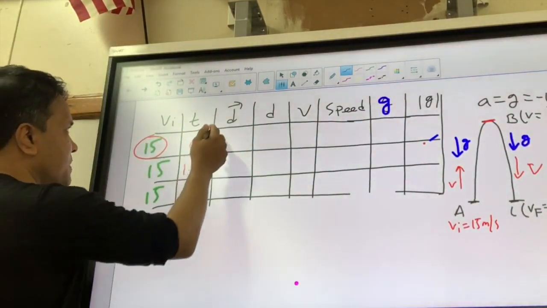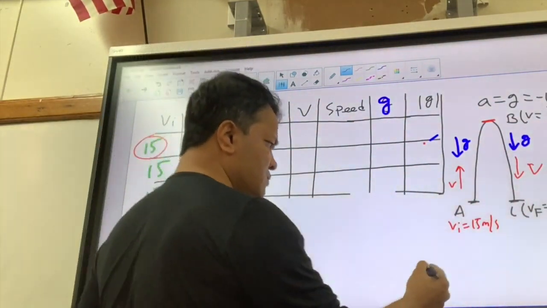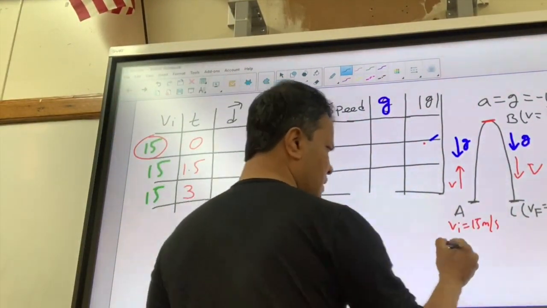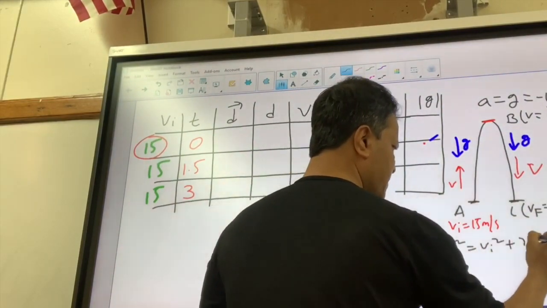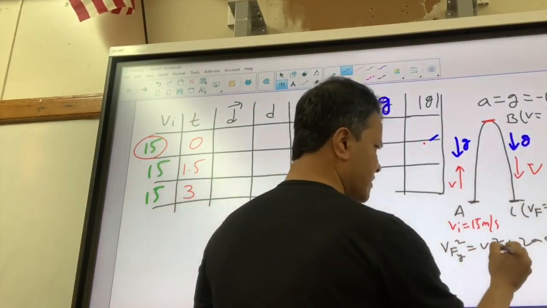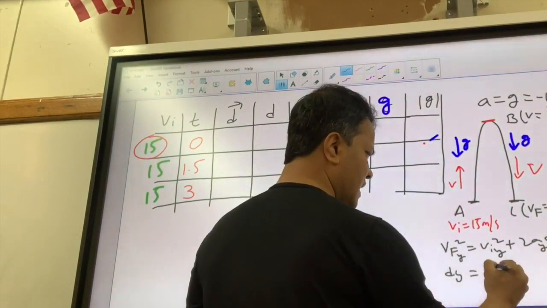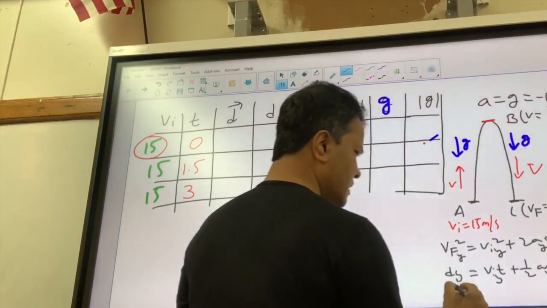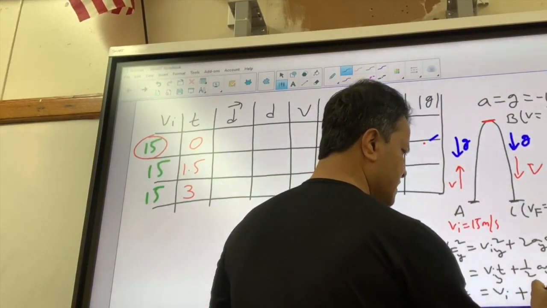So how do we calculate the displacement? There are many ways. I gave you three kinematics formulas. VF square is equal to VI square plus 2AD. Everything is in the y direction today. dy is equal to VIT plus half AYT square, and VF is equal to VI plus AT.